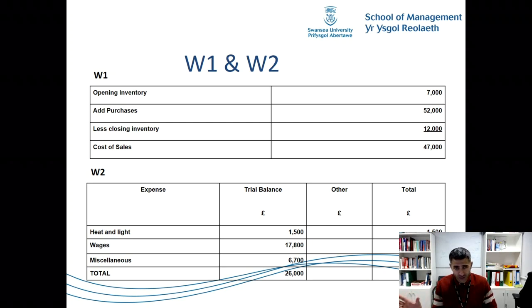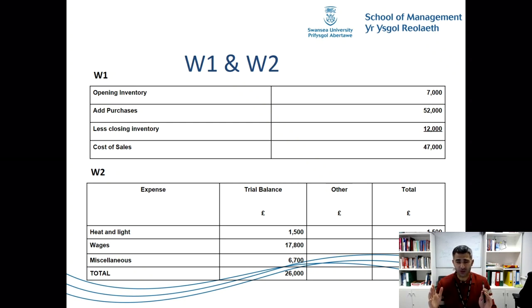If you go back to the question, you can see that the opening inventory is 7,000 plus purchases 52,000, and minus the closing inventory, which is 12,000 pounds. If you add these and minus these, this is cost of sales, which is 47,000 pounds.